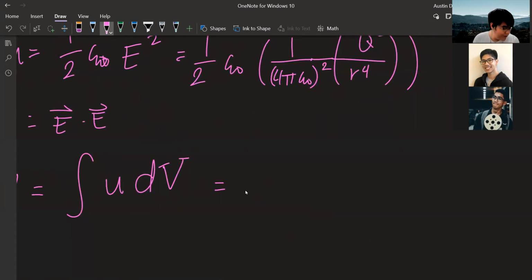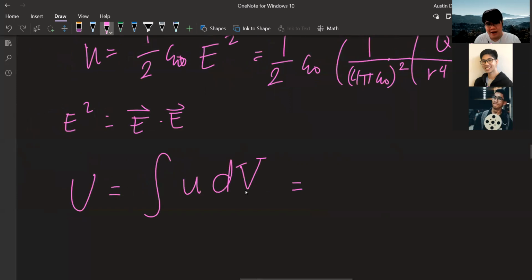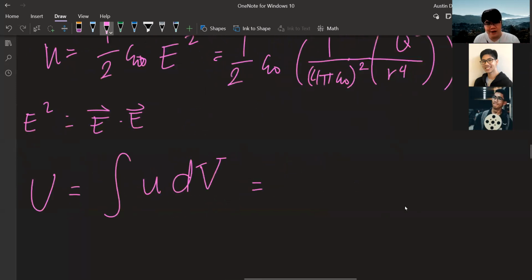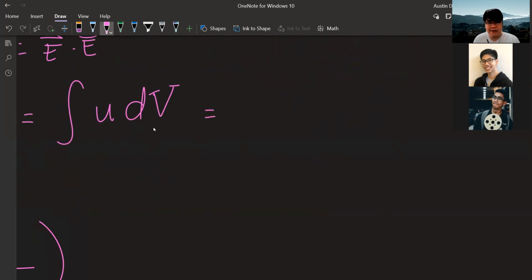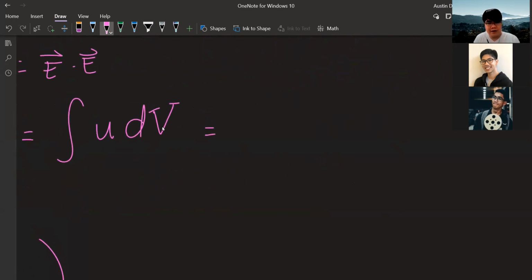Medyo nakakalito to. Okay, dahil yung system natin ay spherical, so we have to integrate over the sphere. Okay, with the mathematical rigor, ang gagawin mo sa kanya would be tatlong integral ito. So with respect to r, with respect to theta, with respect to phi. Okay? So we're gonna show that in a while.